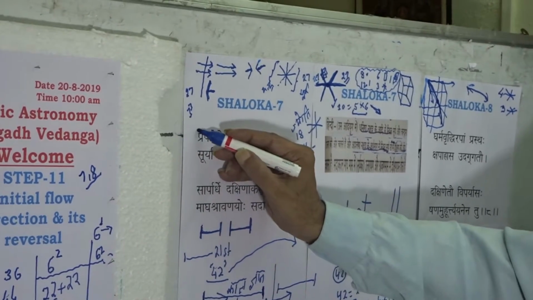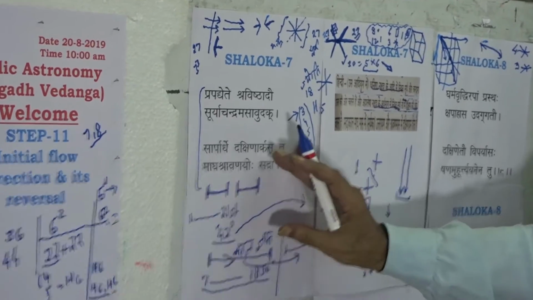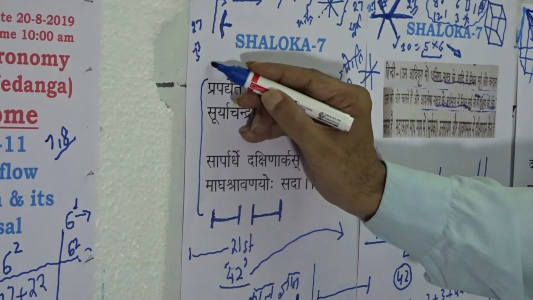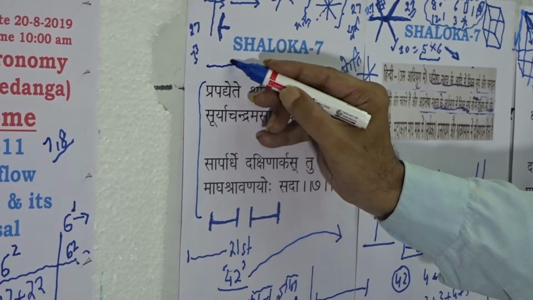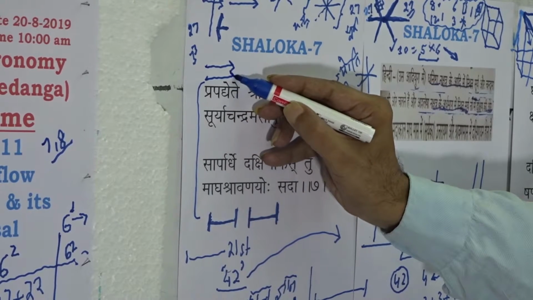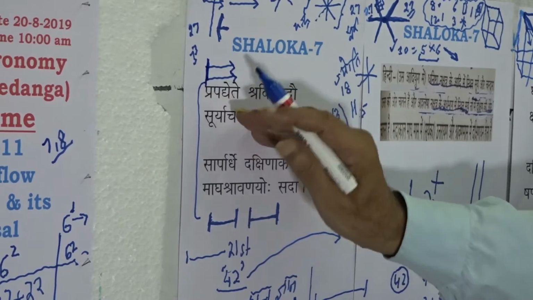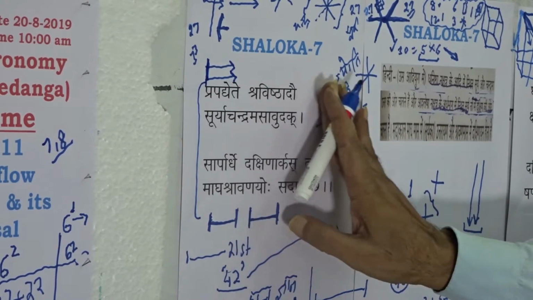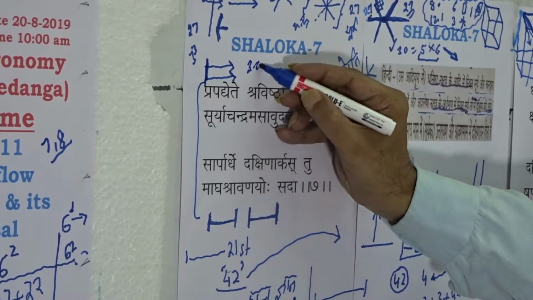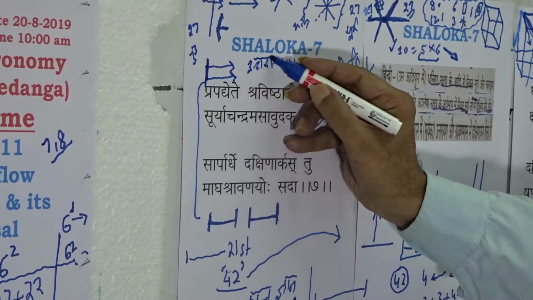Shloka 7 gives us, preserving a value, that the initiation was for the rising of a sun. This initiation was also for the rising of a moon. Now this initial flow is in the Uttarayan, in the northern hemisphere.